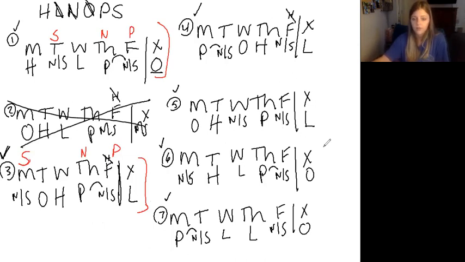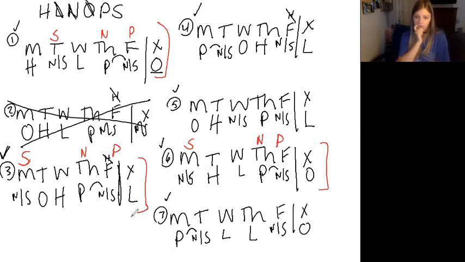Could also happen in World 6. We could have N on Thursday, P on Friday, and S on Monday. And those are the only 3 worlds where this could happen. So we're looking for something that must be true.